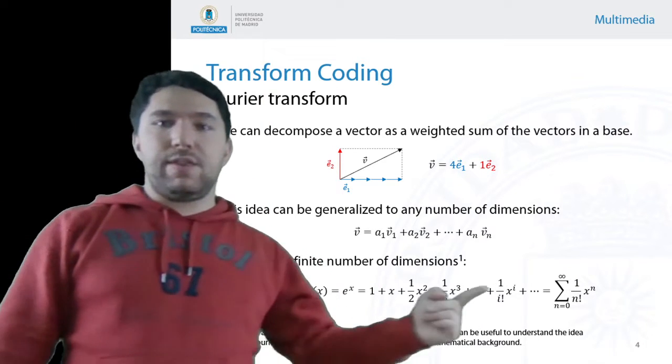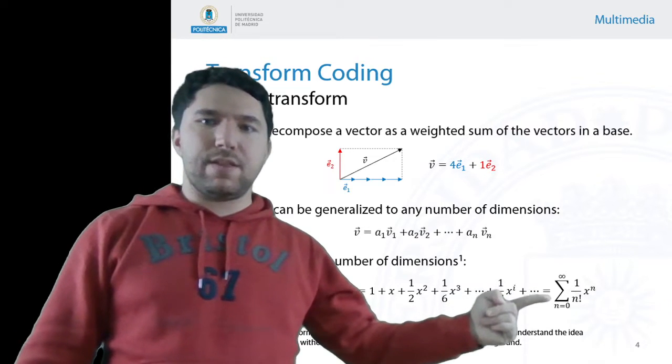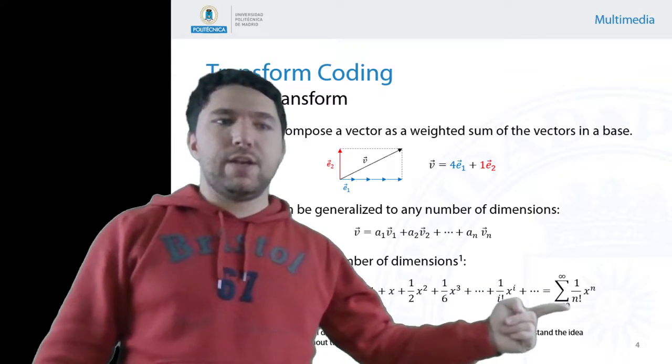Or what is the same, the series from 0 to infinity of 1 divided by the factorial of n times x raised to n.